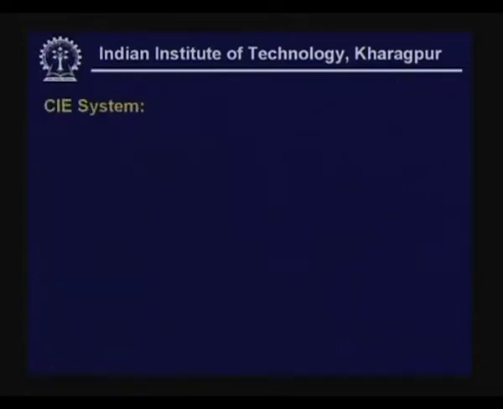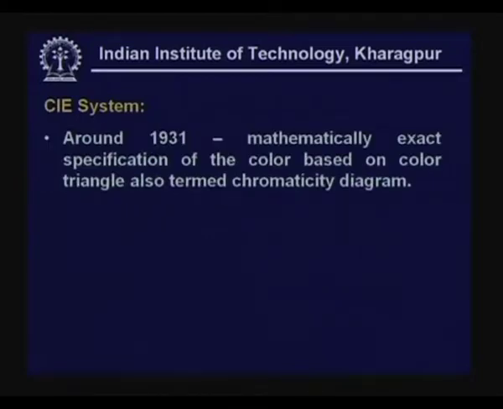As opposed to this, there is a system called the CIE system, Confederation of Illumination Engineers. They came up probably around the 1930s, with a mathematical way of specifying color by using what is called a color triangle, and this is also termed a chromaticity diagram.